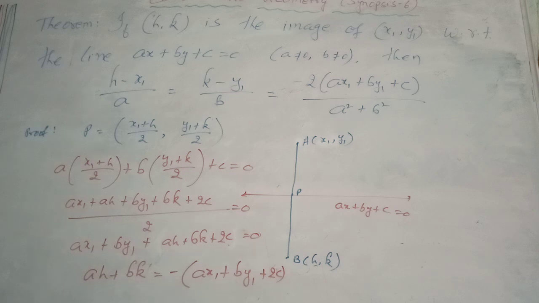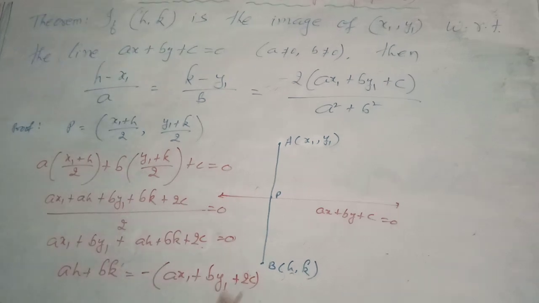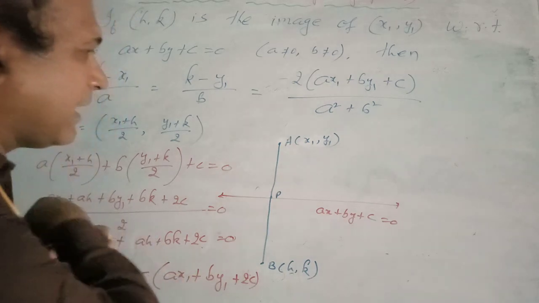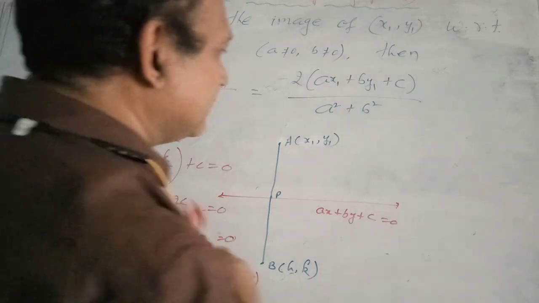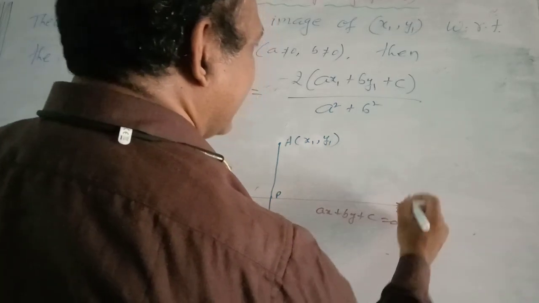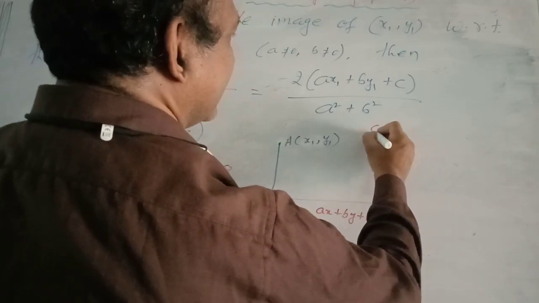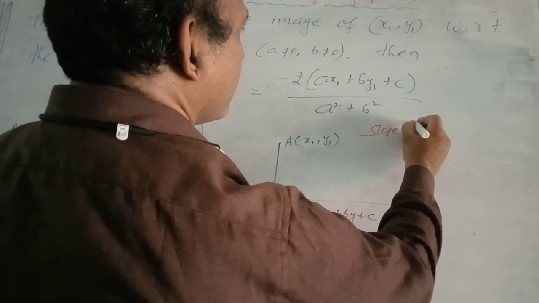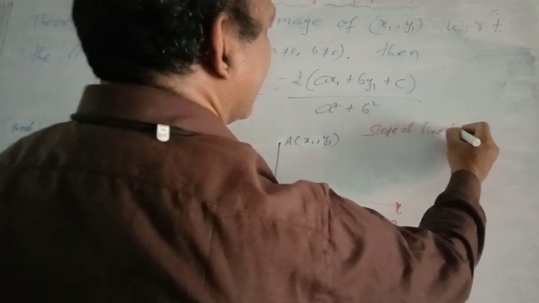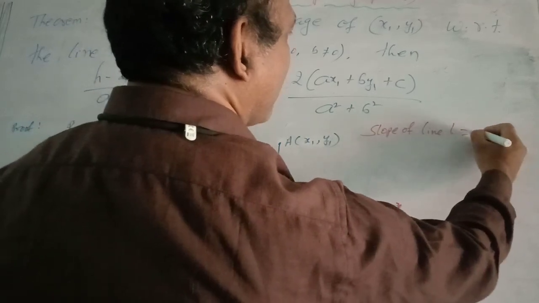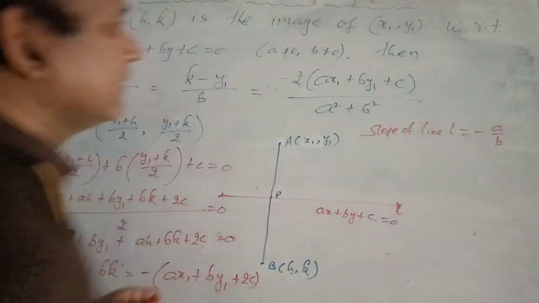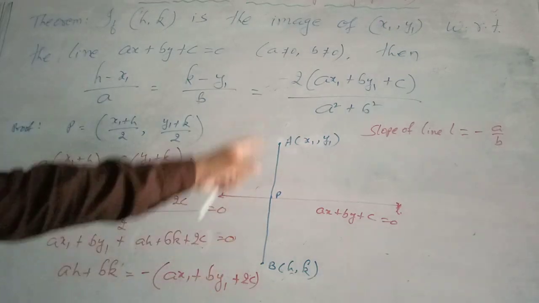Next we'll see the slope of the line L. The slope of line L is equal to minus of a by b. Now see the slope of AB.